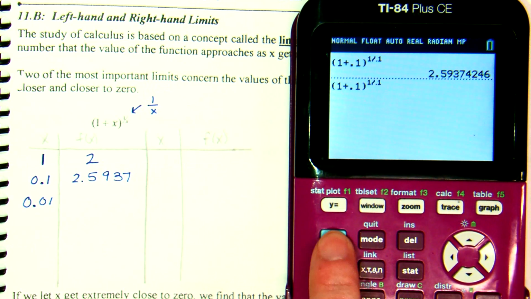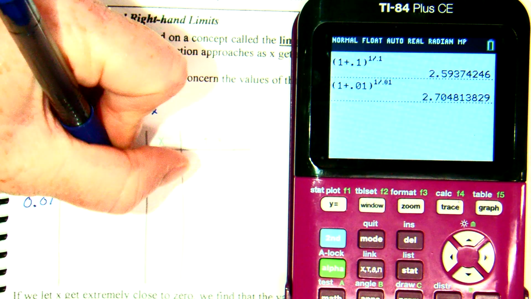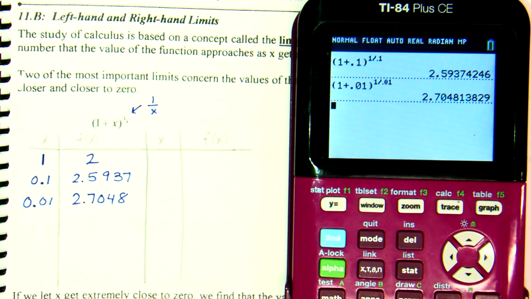So second, insert, and then I just insert a character. I can do that in the denominator, or I can just retype here. So this time, what do I have? 2.7048.